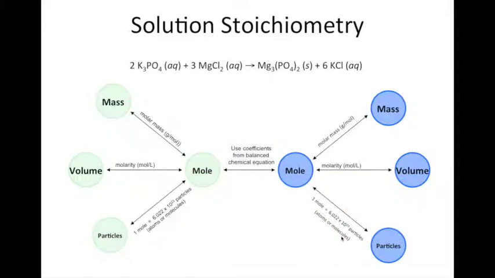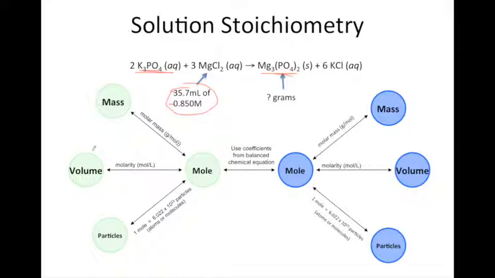So let's apply this overall strategy to our equation. In our problem, we were told that we had 35.7 milliliters of 0.85 molar magnesium chloride solution. So we were given the volume and molarity of our solution. This is our known. We're told we had excess potassium phosphate. How many grams of magnesium phosphate can we produce?